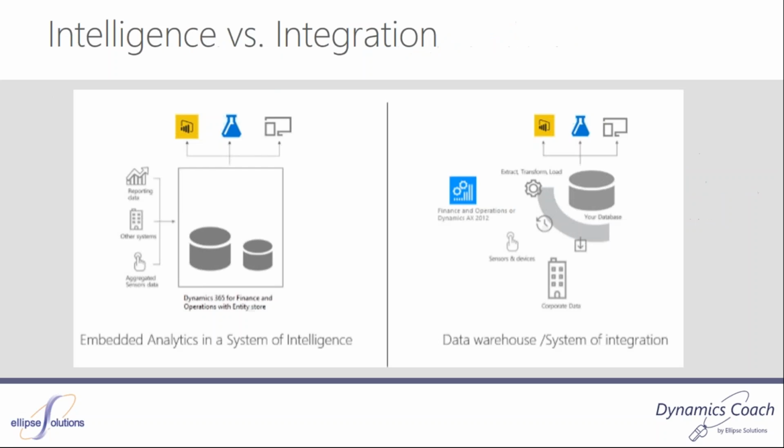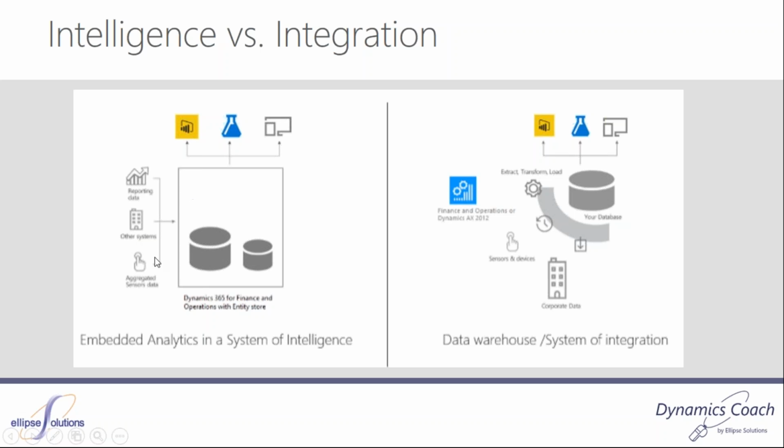So getting to our next area here, this is the comparison that Microsoft has gone ahead and published. So you can see on the system of intelligence, we have D365 in the center, and it's sending information out. This little yellow icon is Power BI, and you're able to send information out to those, and you can get reporting data and other systems data into it.